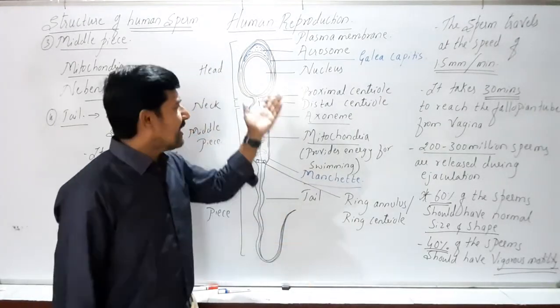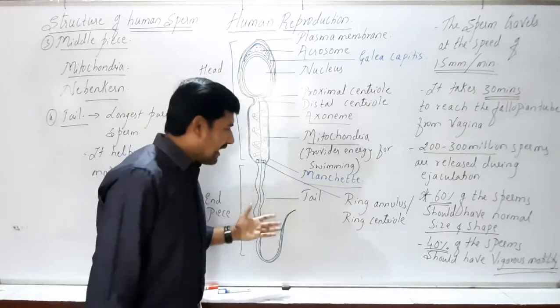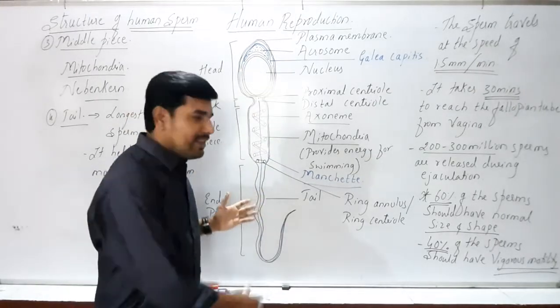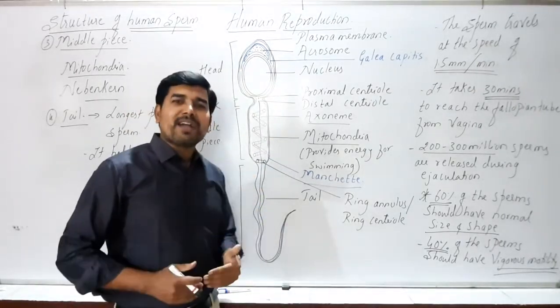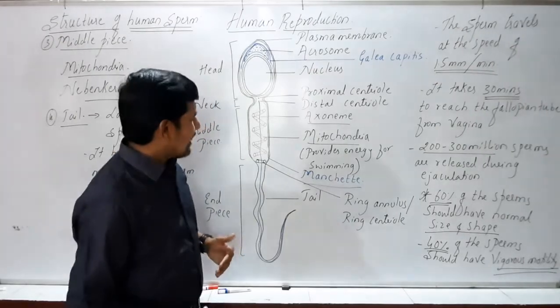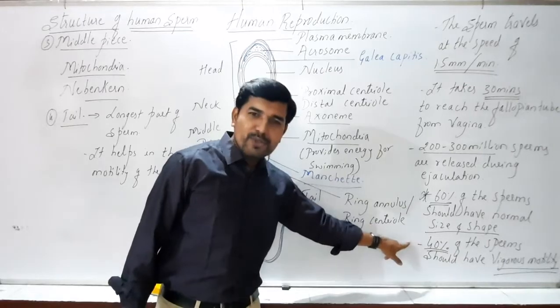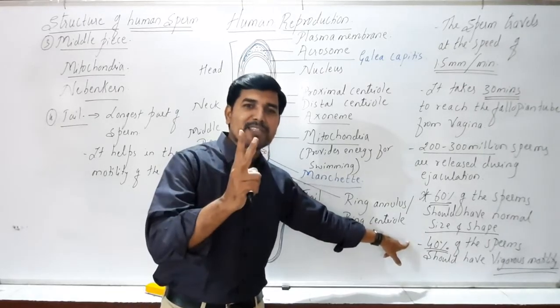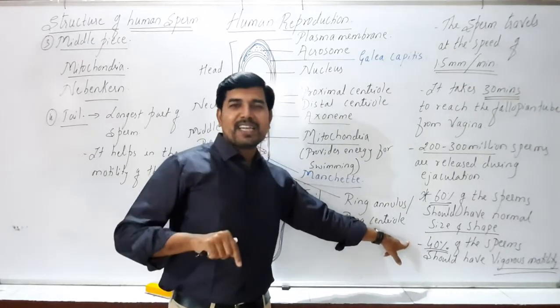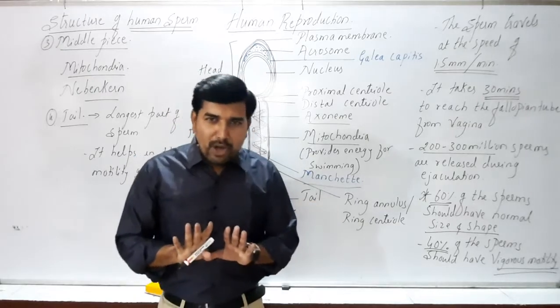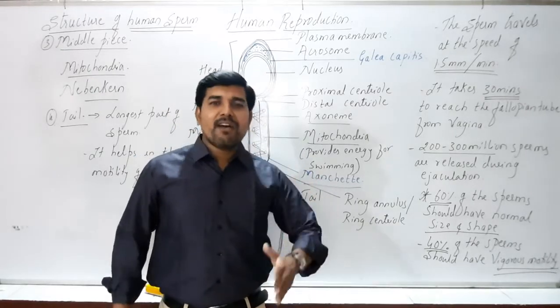Abnormal condition means it may have two heads, one tail. It may have one head, two tails. This is what is called the abnormal condition of the sperm. So that's why the sperm should be normal. It should possess these two conditions. When it possesses these two conditions, then only we say that the sperms are normal and the male is fertile.